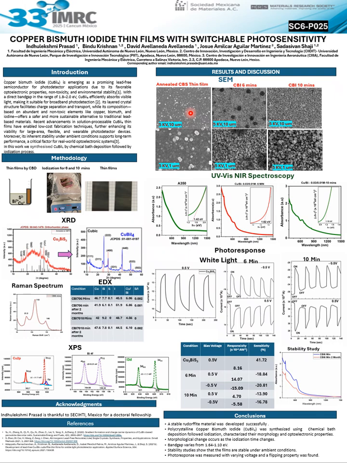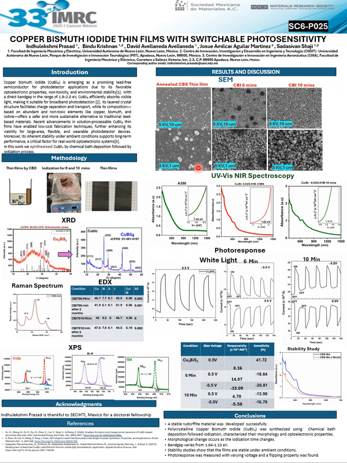Coming to the morphology, for copper bismuth sulfide we obtained a spherical morphology. When we iodized and completely converted that film to copper bismuth iodide, for the 6-minute and 10-minute films we obtained a granular morphology. As the iodization time increases, the grain size of the material changes. Then UV visible spectroscopy was done.